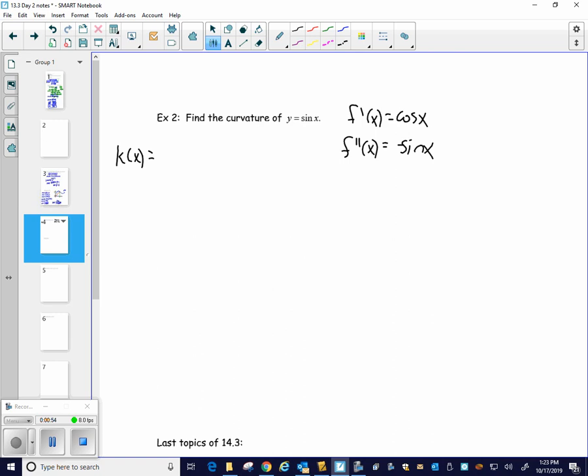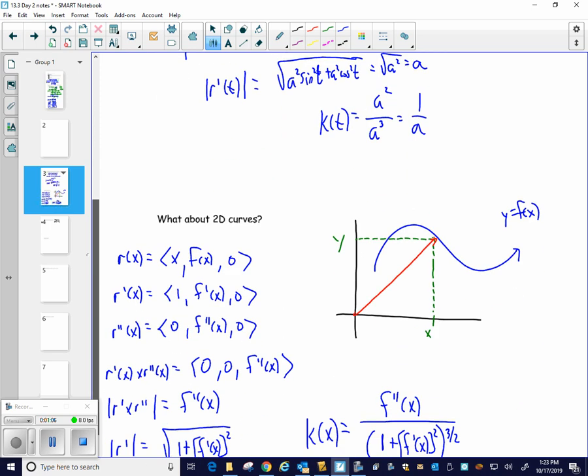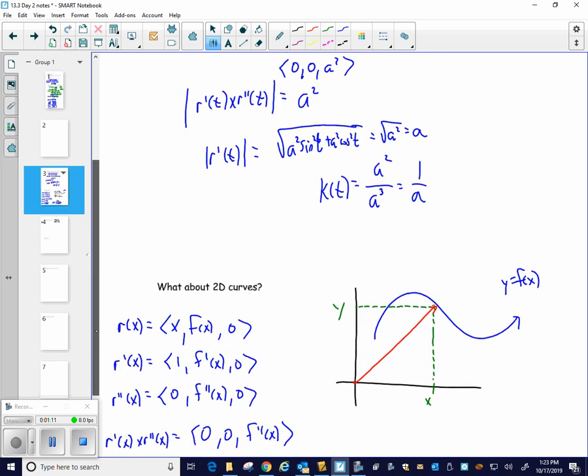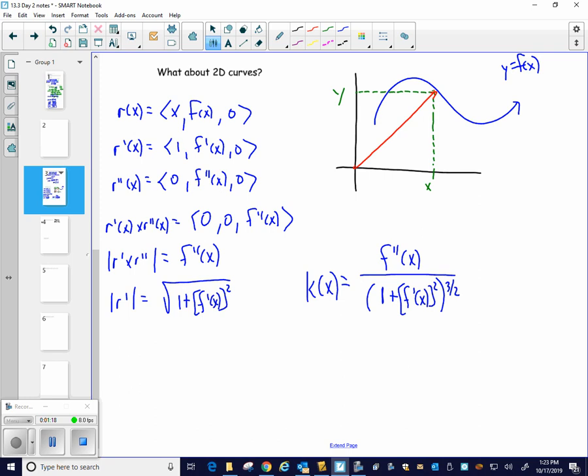for something in two dimensions, and I think that on the previous page here, we were questioning this top piece, and the formula actually does have an absolute value symbol up there.